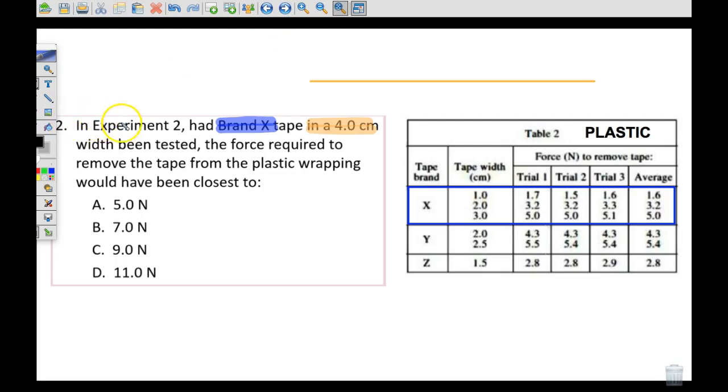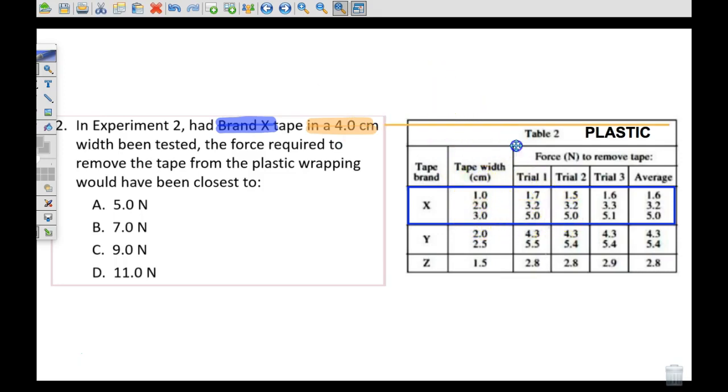In experiment 2, had brand X tape in a 4 centimeter width been tested, the force required to remove the tape from the plastic wrapping would have been closest to what? So in this question, we're only focusing on brand X, this row of table 2. But 4 centimeters was not tested because I don't see this number here.